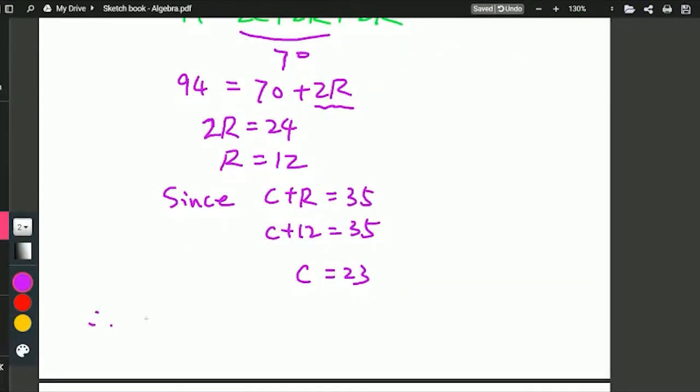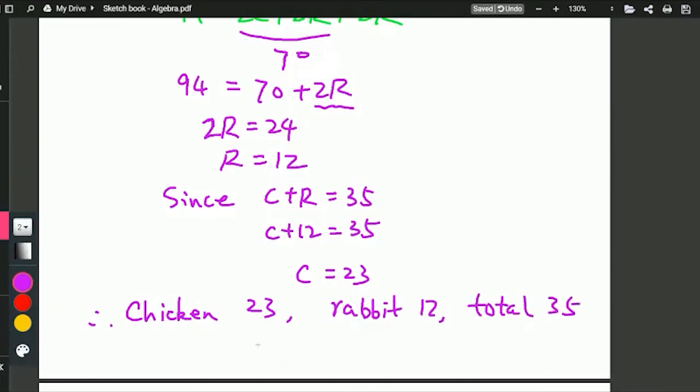So chicken, 23. Rabbit, 12. Total, 35. And chicken legs: each chicken has 2 legs, so 23 chickens should have 46 legs.